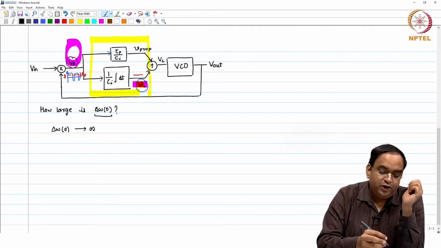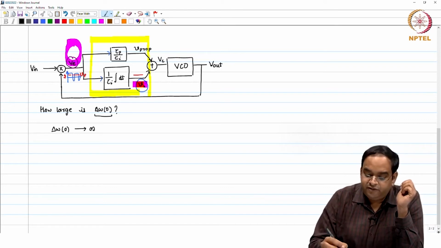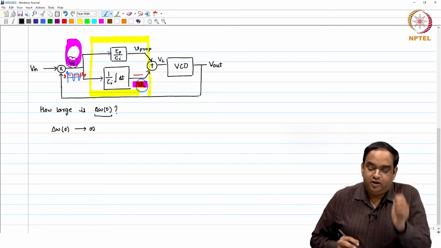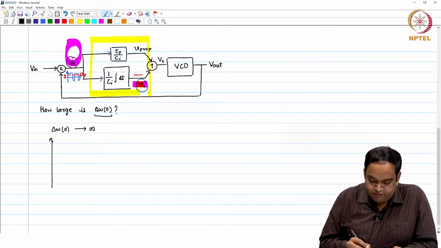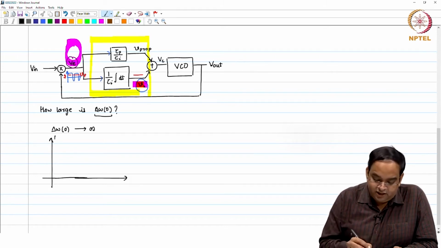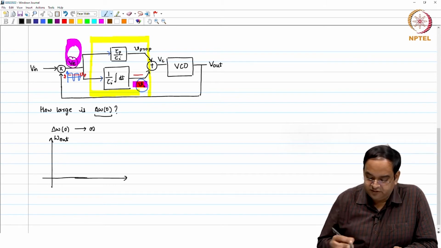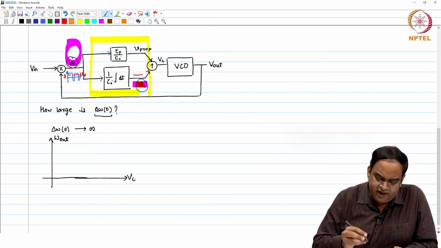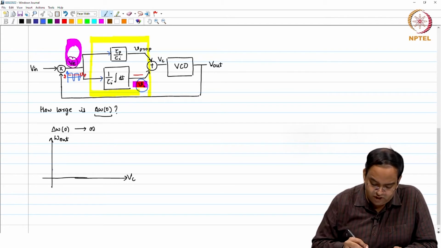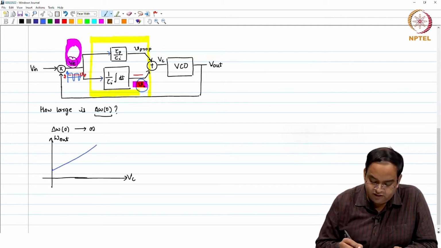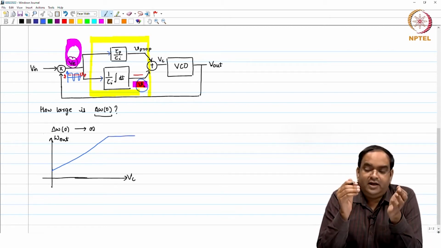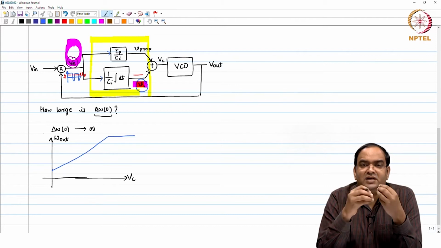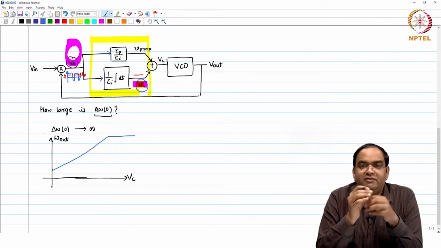In practice, what you will see is that there is a limit from the VCO. So, what do we mean by that? In case you are looking at the VCO characteristics, you may find that the omega out frequency versus the control voltage has some upper limit. We do not know how much. You cannot just keep on increasing the oscillator's frequency as you want. It may saturate at some point. At the end of the day, you will design these oscillators and all these blocks in a given technology.